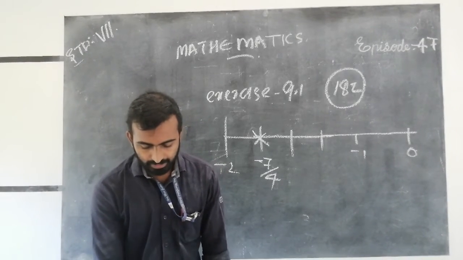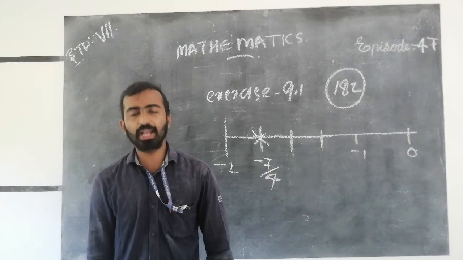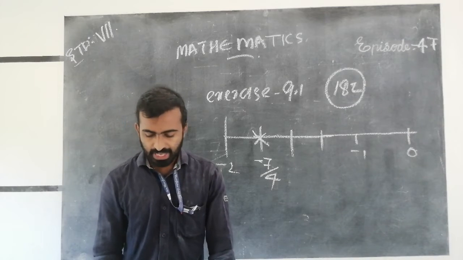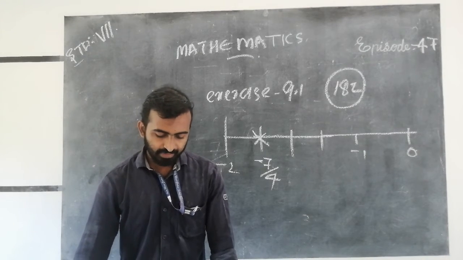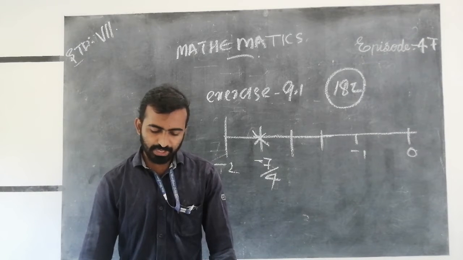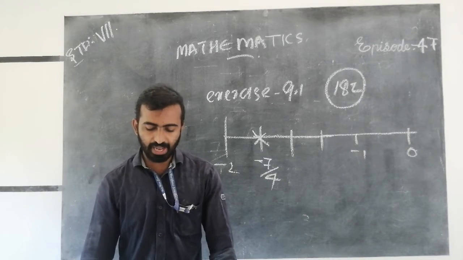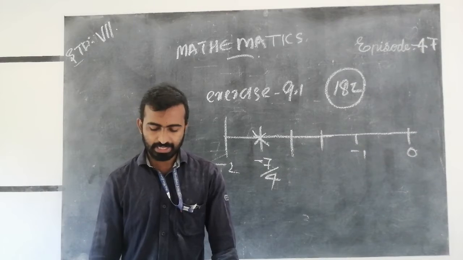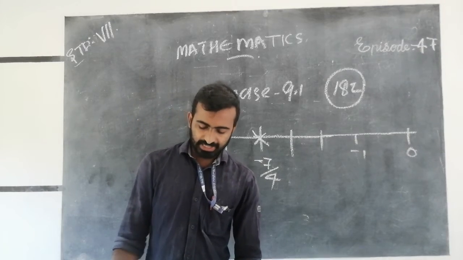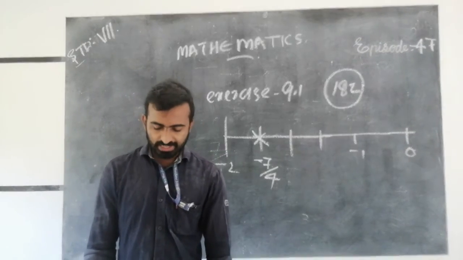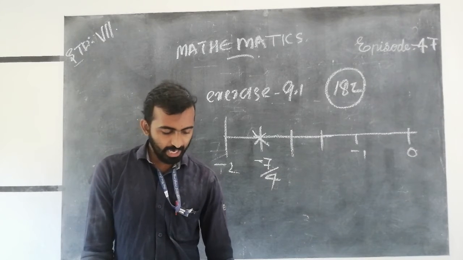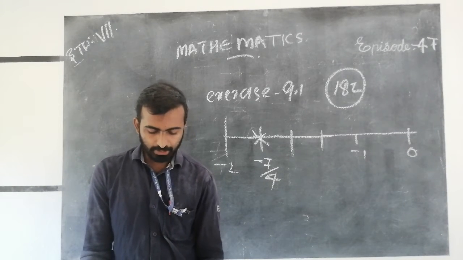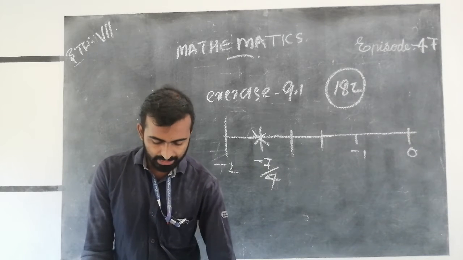The fourth question is for your homework, and the fifth question is: the points P, Q, R, S, T, U, A and B on the number line are such that TR equals RS, RS equals SU, and AP equals PQ, PQ equals QB.